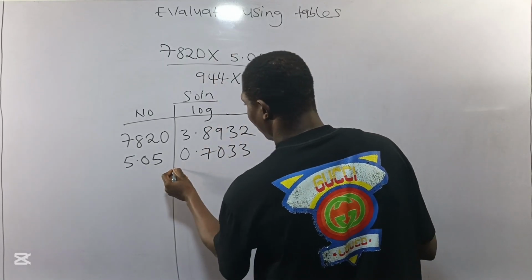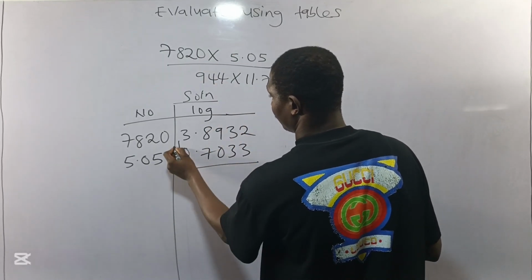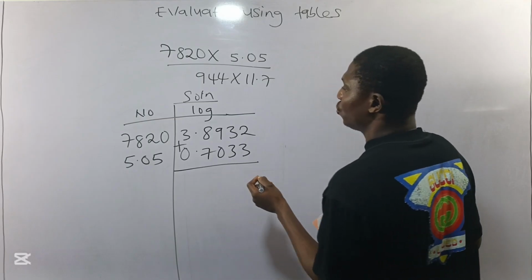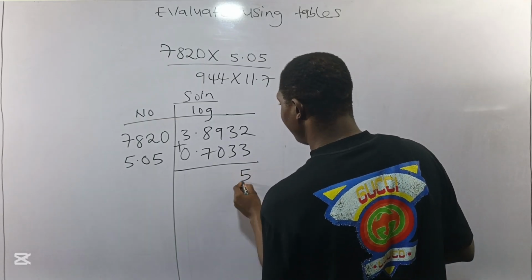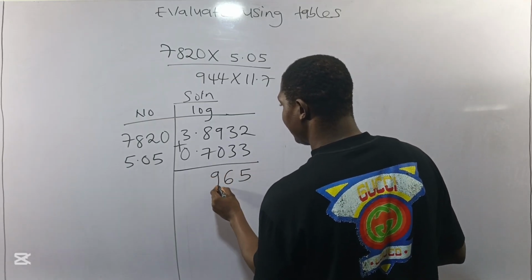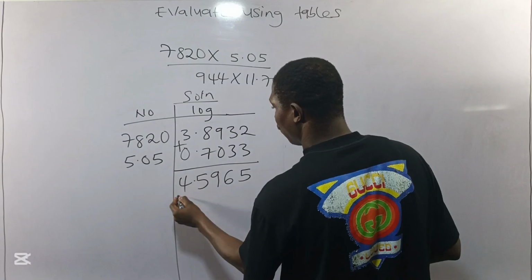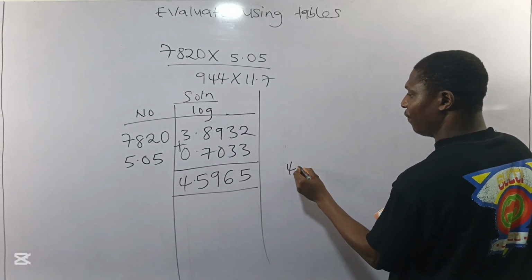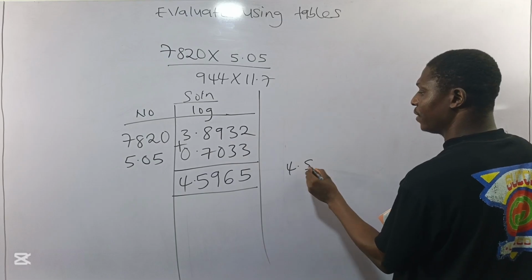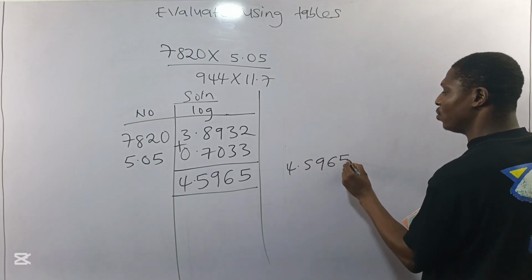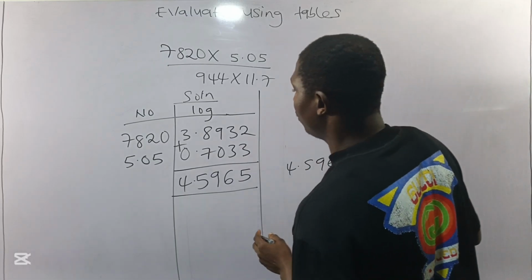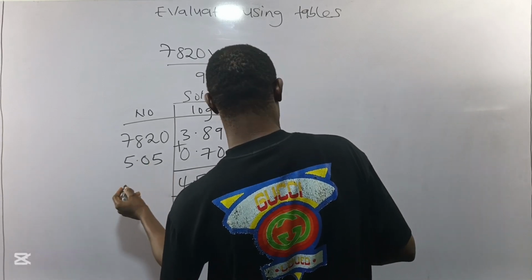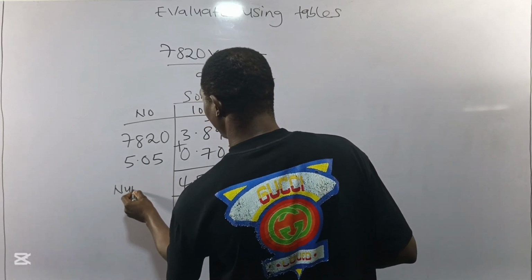And I'll add up the top because it's multiplication. So that will give me 5, 6, 9, 5 carry 1, 4. I'll put an extension, 4.596 what? 5. Now, this becomes my what? Numerator, remember, which is the top value.